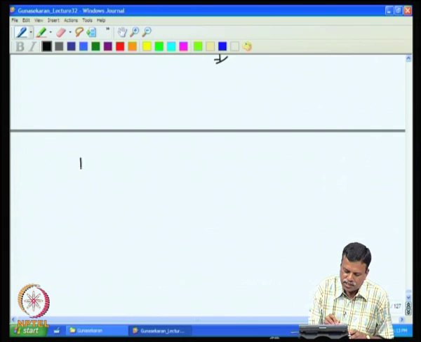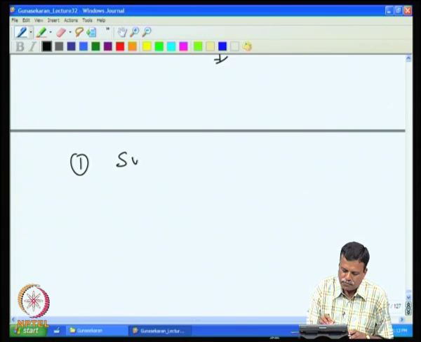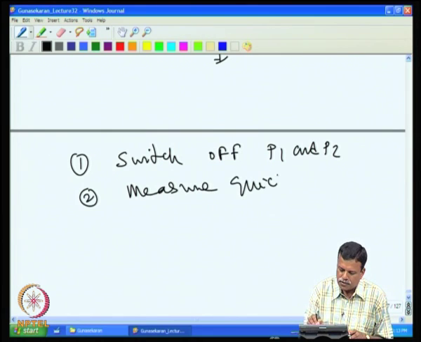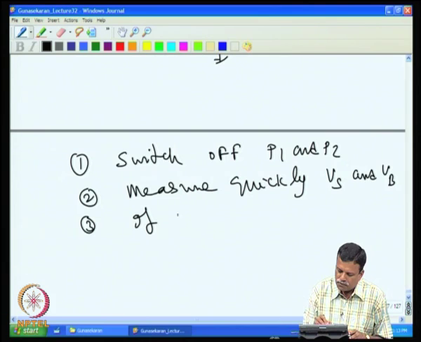So, normally what is done is: switch off P1 and P2, then measure quickly Vs and Vp. If Vs is greater than Vp, switch on P1 and P2.